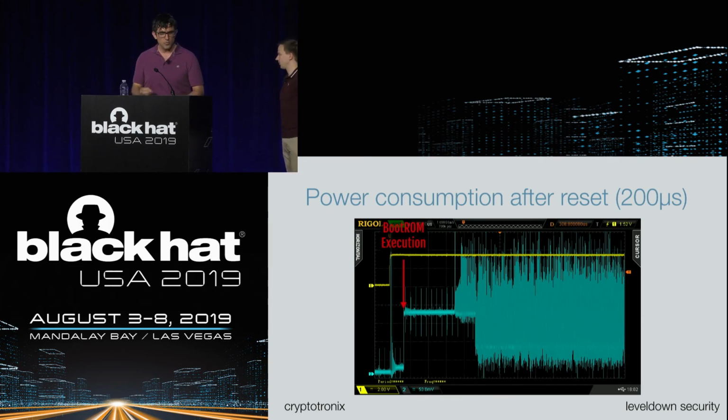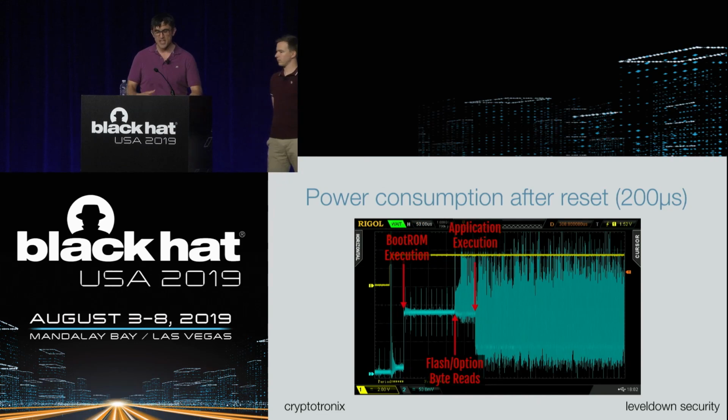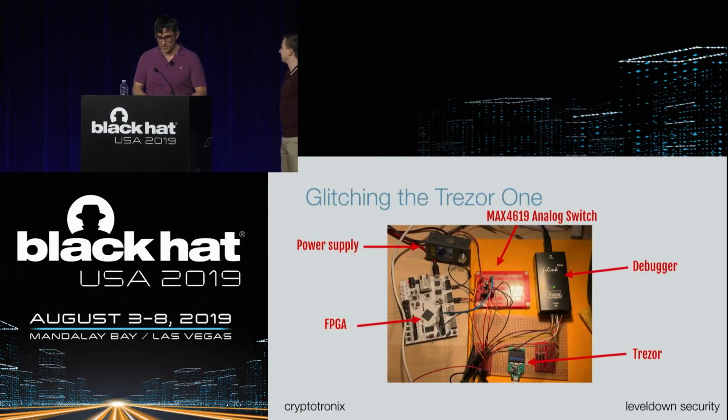What we're trying to find is when these flash option bytes are going to be read. When we look at that power trace, we see a lot more activity once the flash starts getting involved. We can pair that up with our application execution, and now we have a nice map of where everything happens.